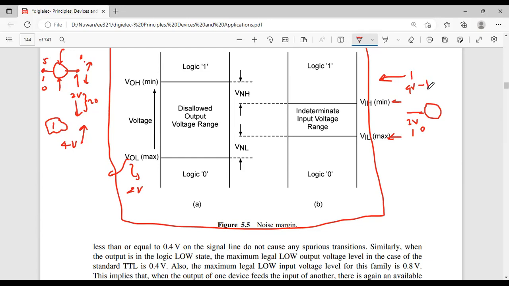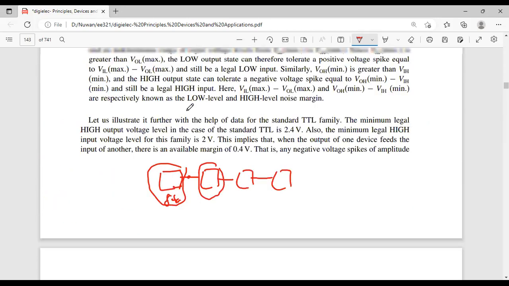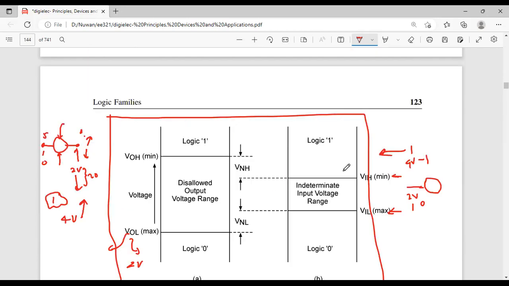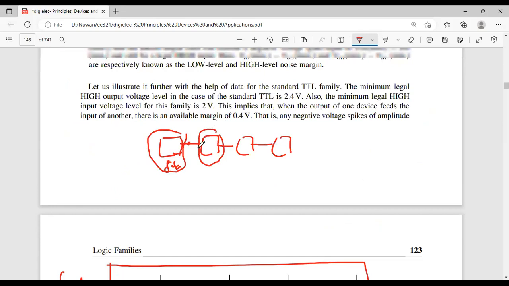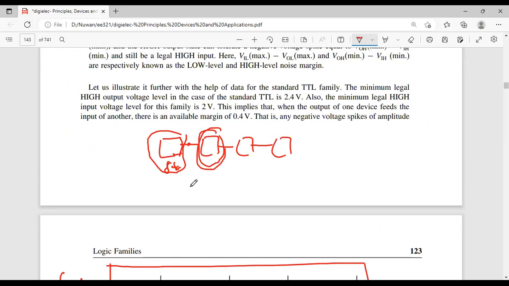So there are an input low voltage and an input high voltage as well. If this input voltage is not within this range, the device can't understand whether it is 1 or 0, so it will not give a proper output. That kind of problem can happen.